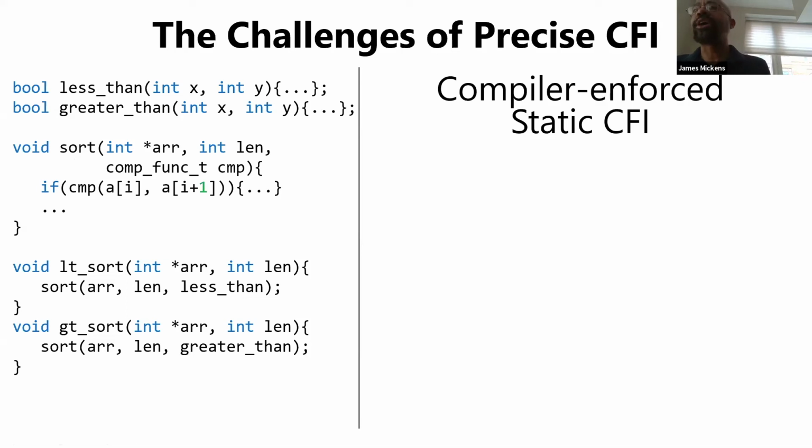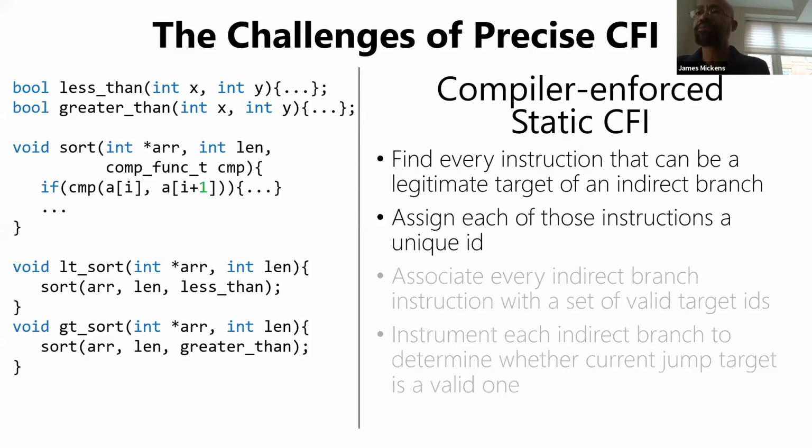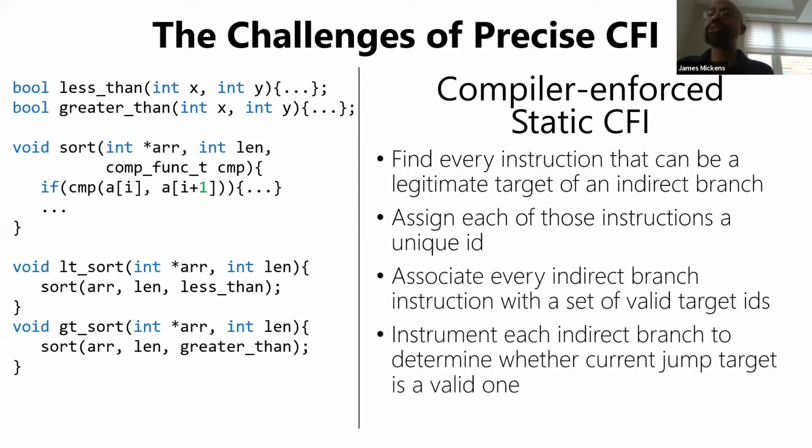So imagine that you wanted to have a compiler-enforced static CFI. So what the compiler might try to do is find every instruction that can be a legitimate target of an indirect branch. And then during compilation, it's going to assign each of those instructions a unique ID. The compiler is also going to associate every indirect branch instruction with a set of valid target IDs. In other words, a set of valid target instructions to which that indirect branch can go.